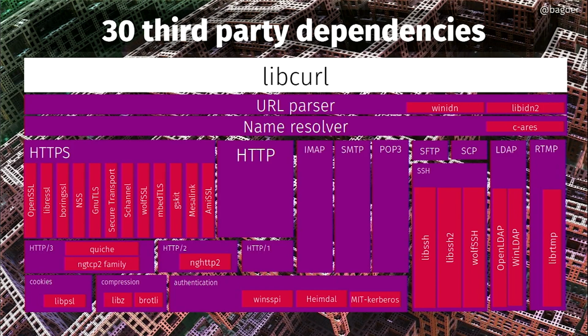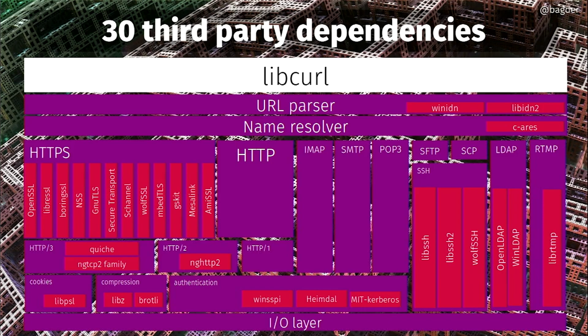Which, as you can figure out, adds a lot of complexity and many different combinations. A lot of these are mutually exclusive. You can use many TLS libraries, but you have to pick one at runtime. Many of the others are mutually exclusive too. So you can't use 30 at the same time, but in a countless number of combinations, literally millions.